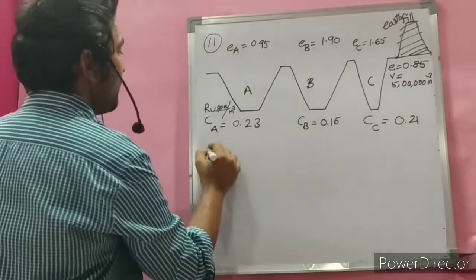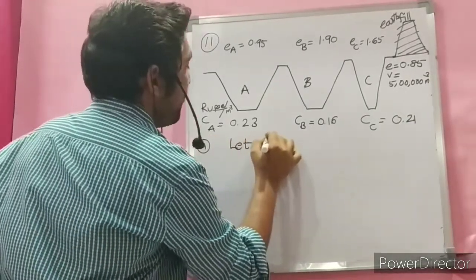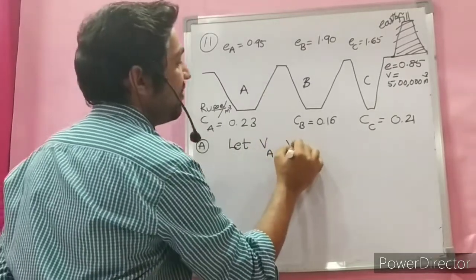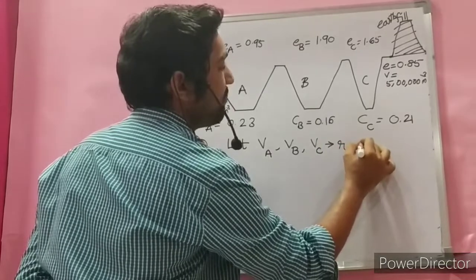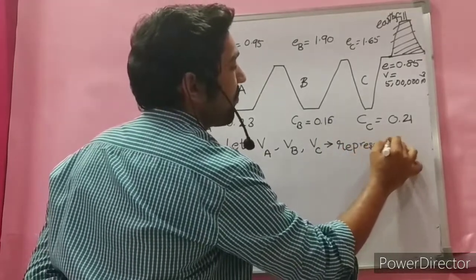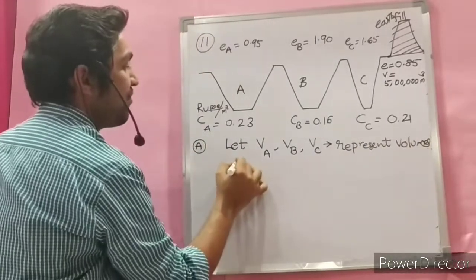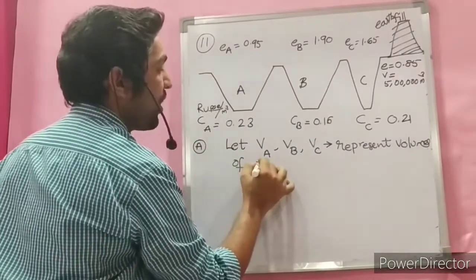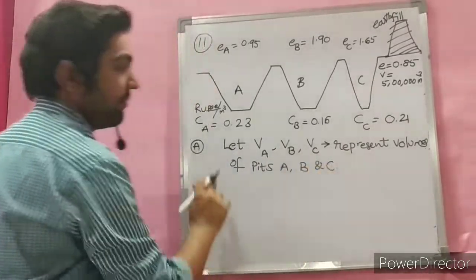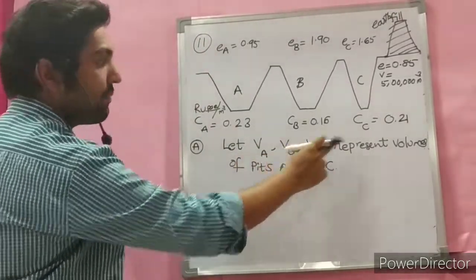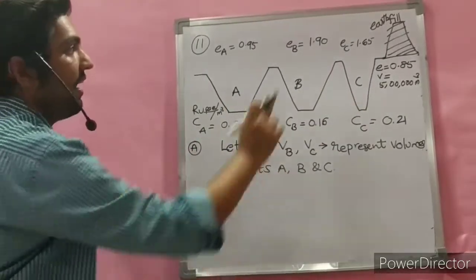Let us solve. Take the solution. Let VA, VB, VC represent the volumes of the borrow pits A, B and C respectively.